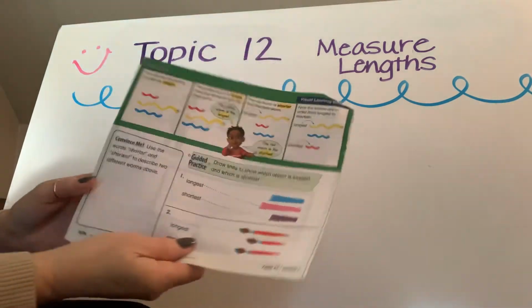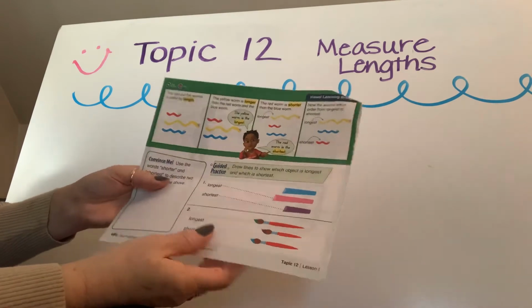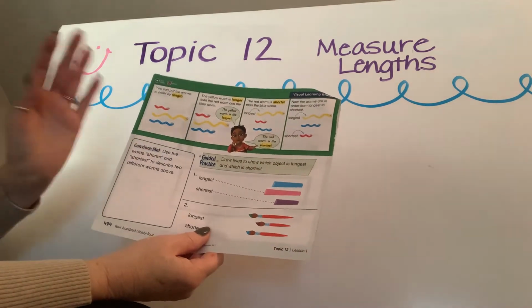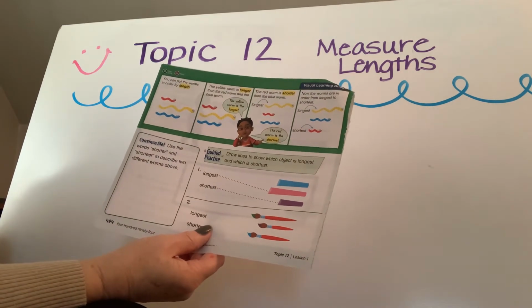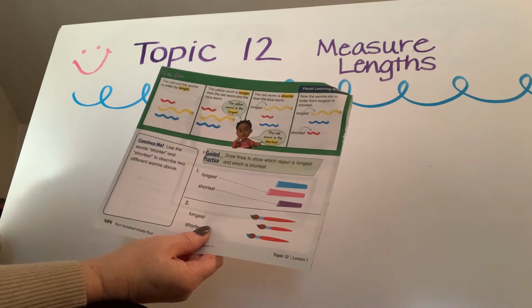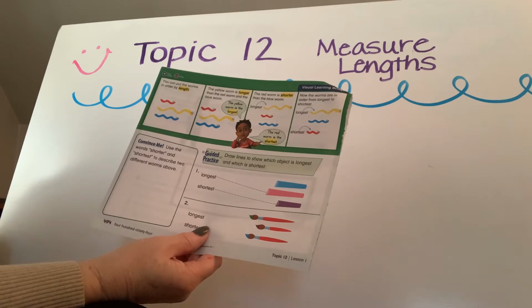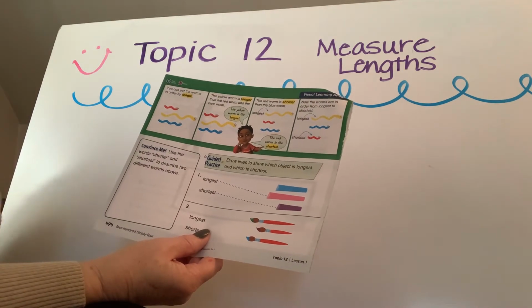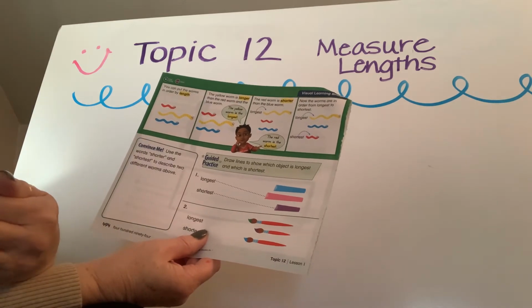Okay, now let's go to the next page. Let's look up at the top in the green. You can put the worms in order by length. The yellow worm is longer than the red worm and the blue worm. And look, the little boy is saying, the yellow worm is the longest.